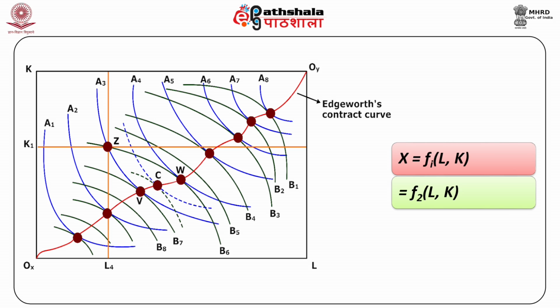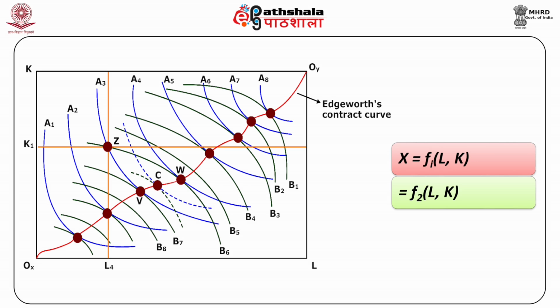So, if we shift from Z to W, what we notice is that B6 and A4 are tangential to each other.